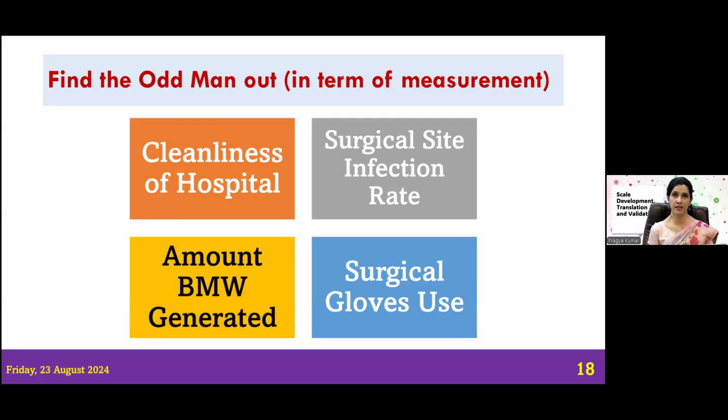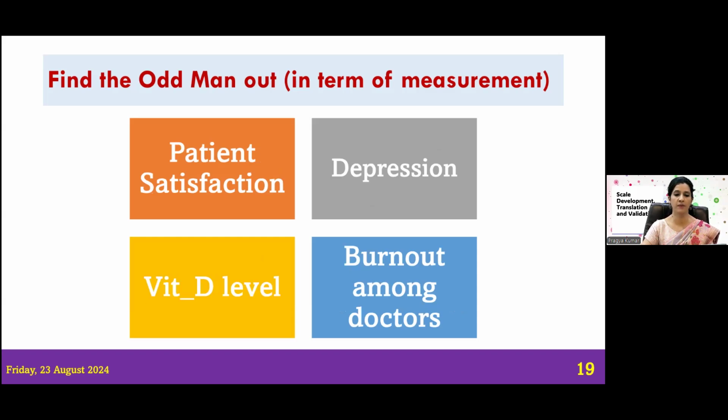Cleanliness, surgical site infection, surgical gloves use, amount of biomedical waste generated. Yes. What will be the odd one in this? Cleanliness, because the amount you can measure, how much. Generally, we weigh also, like how many kg or tons of biomedical waste is getting generated from a hospital.